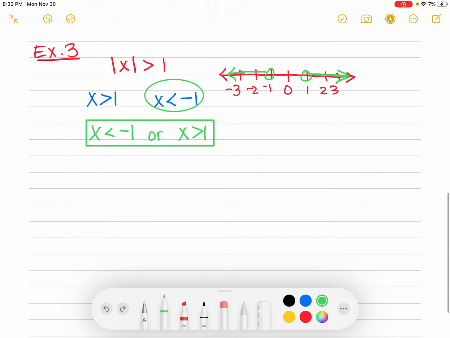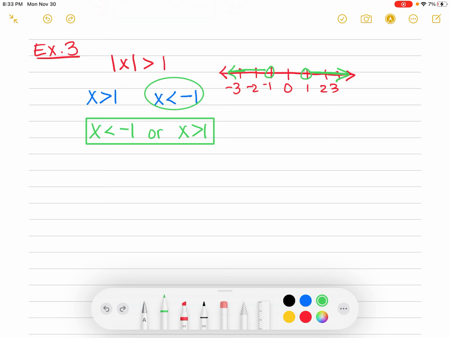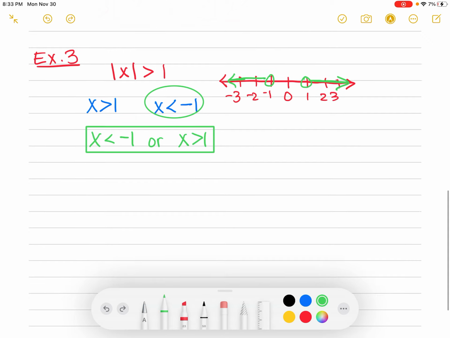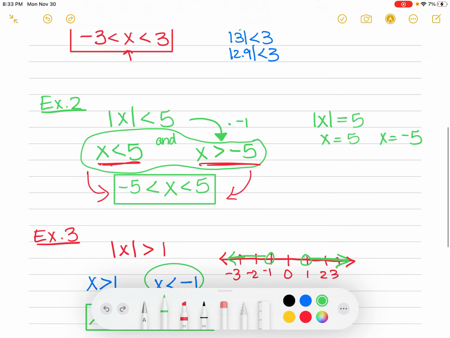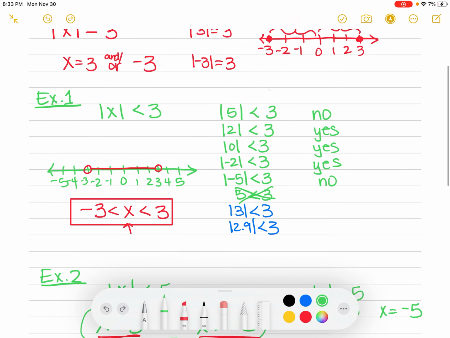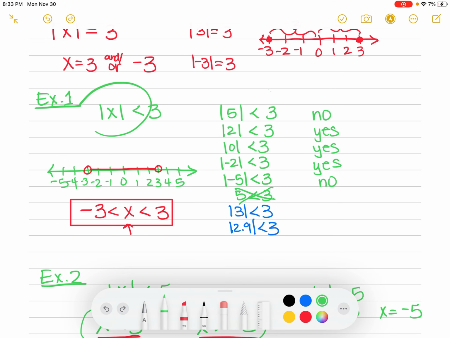Okay, and that's it. So this may be pretty easy to solve, especially these easy ones. I'm about to do a 2-step one, but you have to be able to tell if it's a conjunction or a disjunction. Okay, so let's do another one. And one way that is easy to tell is if you have an x on the left.